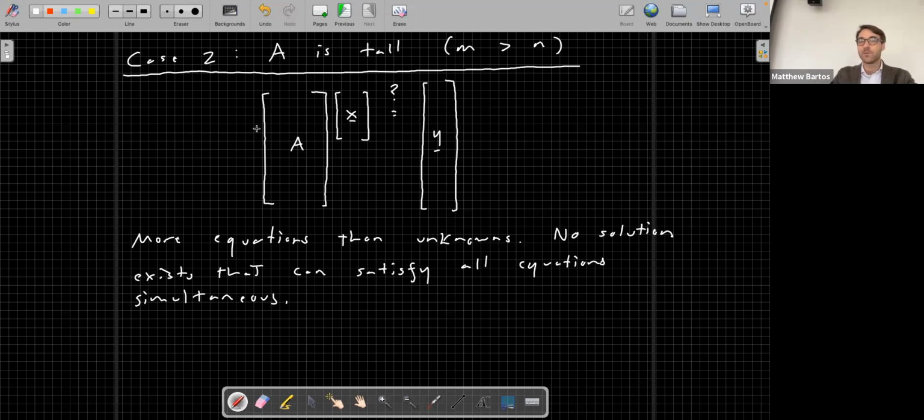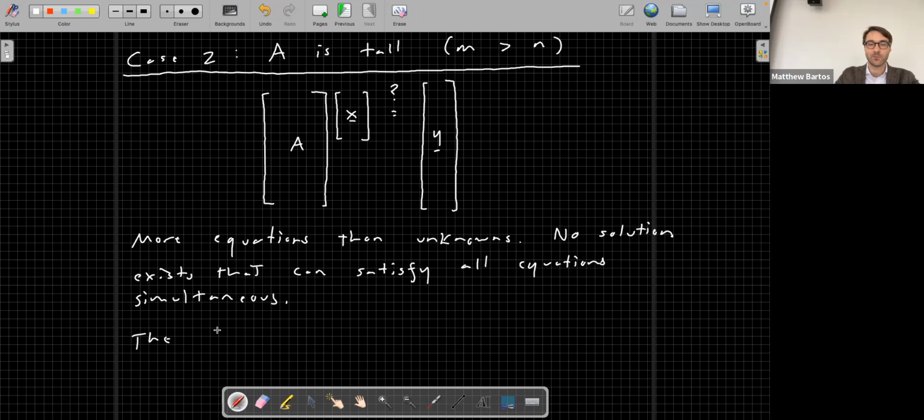So for the overdetermined case, there is no solution that can satisfy all of these equations simultaneously. So what we want to do is find the vector X that gets us closest to the solution that we can possibly get.